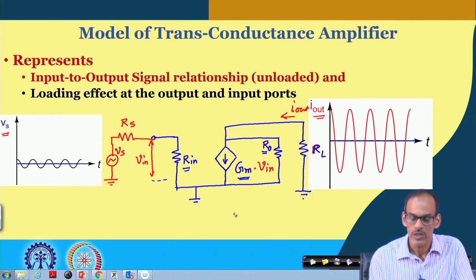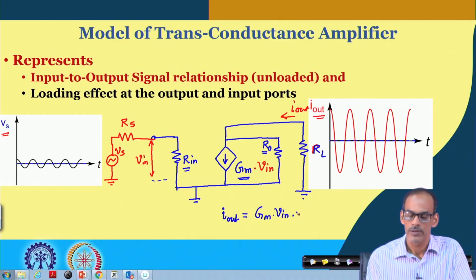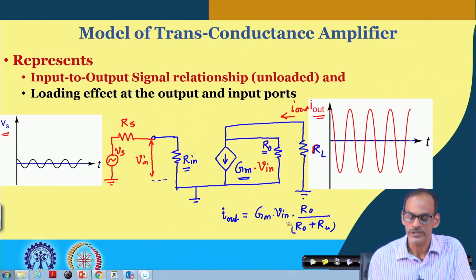So, in this case we can say that I out will be G m times V in multiplied by R o divided by R o plus R l. So, this is again taking care of the loading effect.